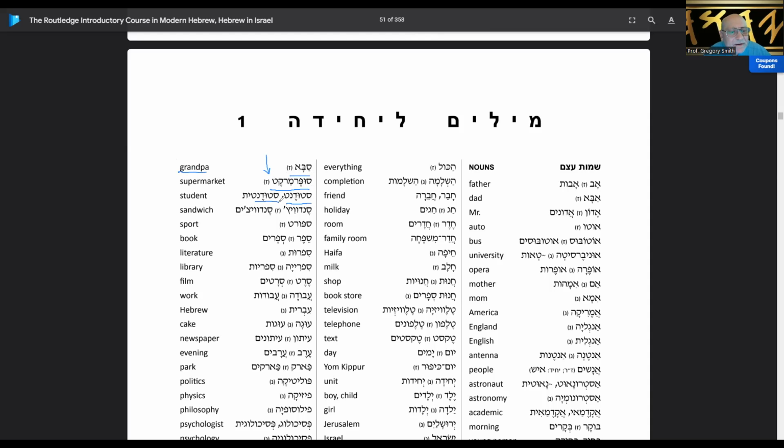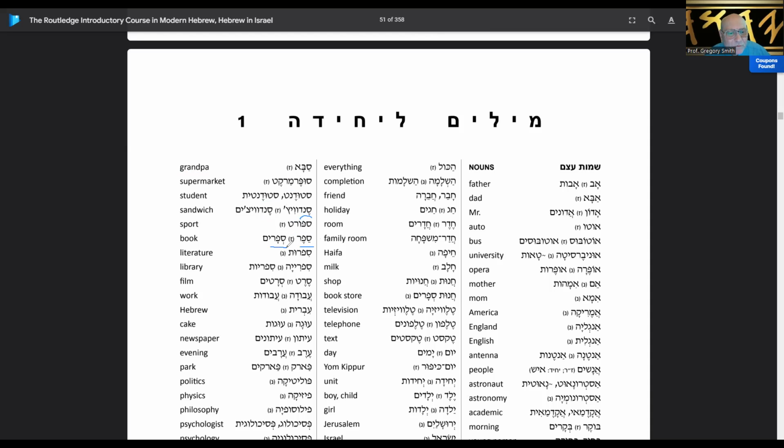Student and studentit, for student masculine and feminine. Sandwich, and sandwichim, sandwiches. Sport. Notice how this samekh, pe and holam come together.